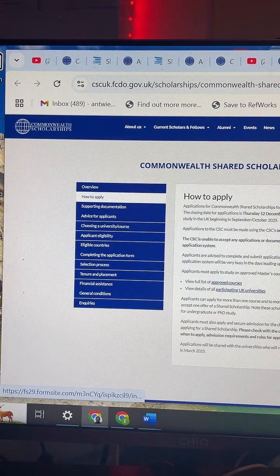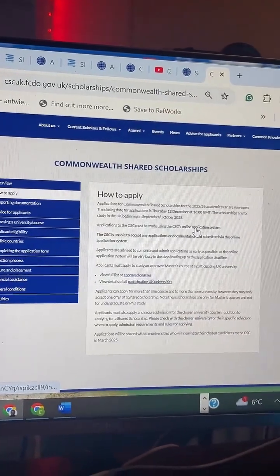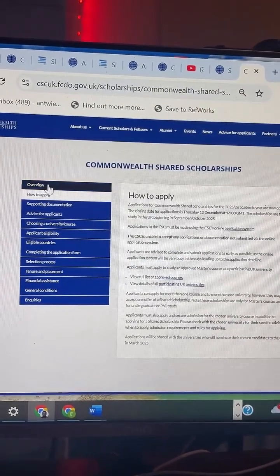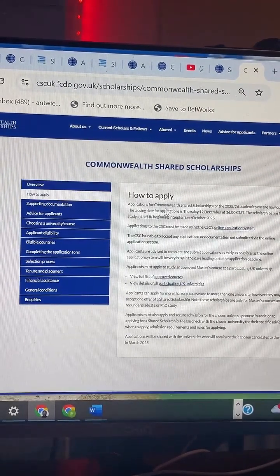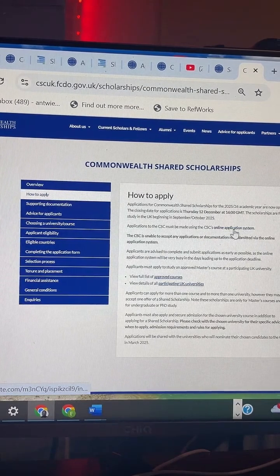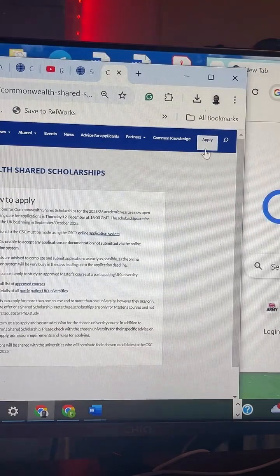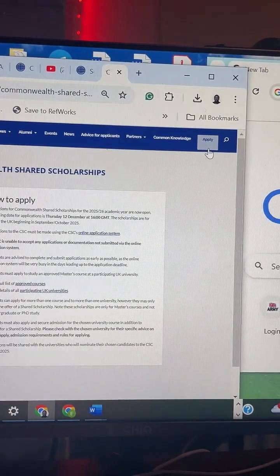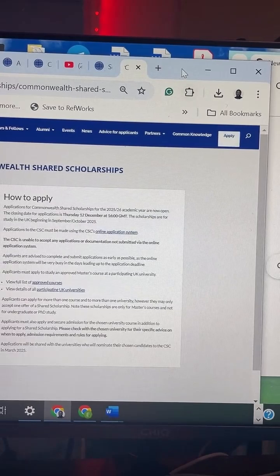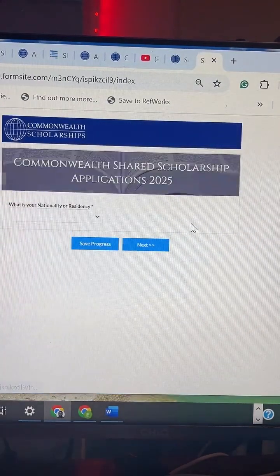So you click on apply, or you go to how to apply, and then you go to the online application system. So either you go to the overview, go to how to apply, and then you come to the online application system, or you just go ahead and select the apply button at the top there.